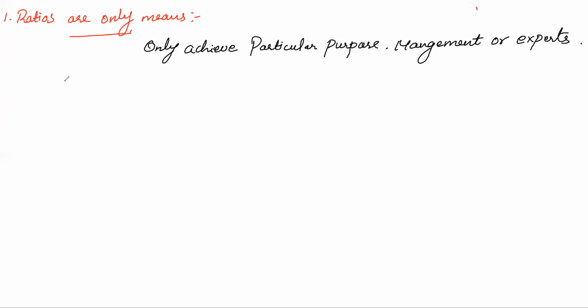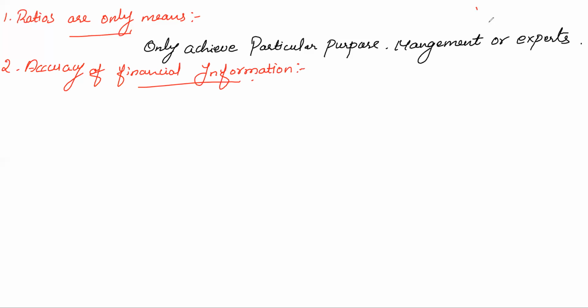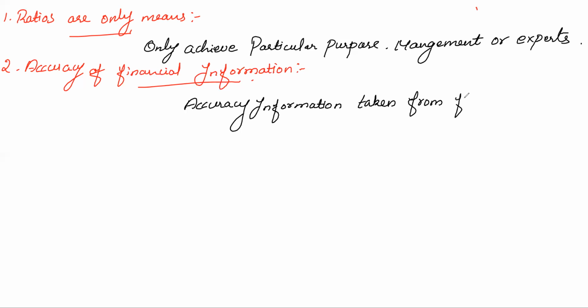Then second one is accuracy of financial information. The accuracy of ratios depends on the accuracy of information taken from the financial statements.